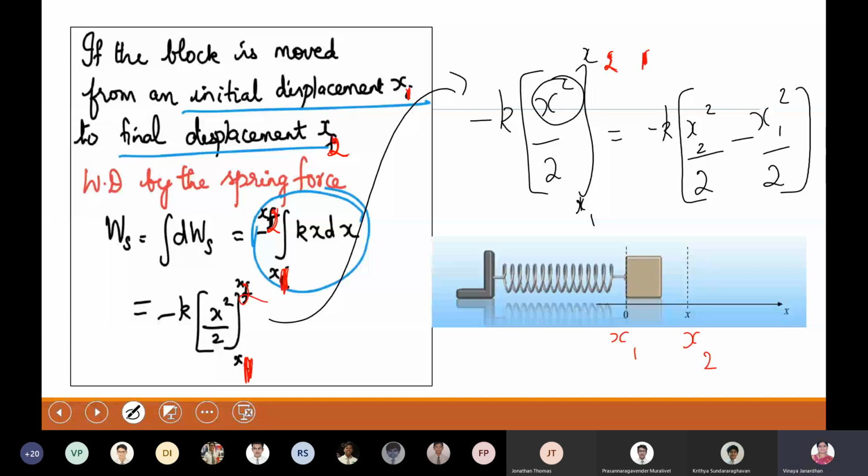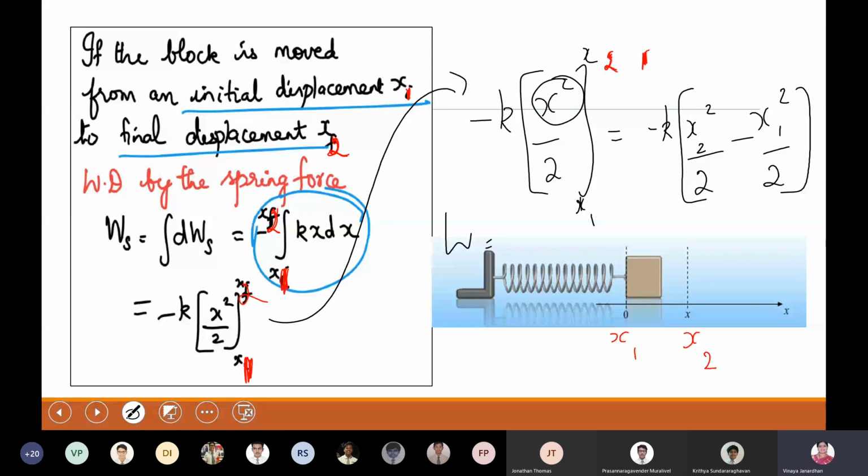Are you getting this, boys? This is the work done by the spring force when the spring moves from initial position x1 to x2. Are you clear with it?